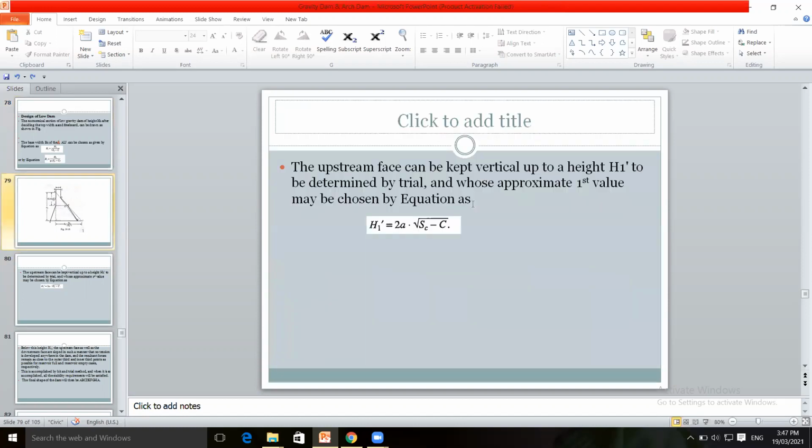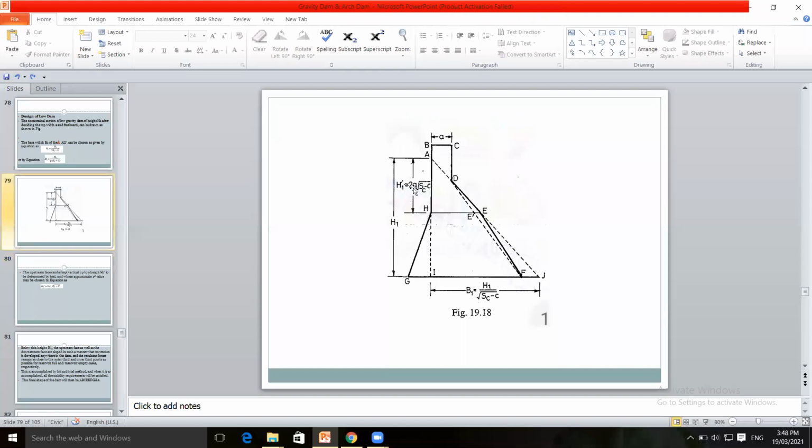This is a section of the dam. The upstream face can be kept vertical up to height H1 hash. That is to be determined by trial, and its approximate first value will be chosen by this equation: H1 hash is equal to 2A into root of SC minus C. H1 hash is shown here, from point A to point H. From A to G an upstream batter is provided.